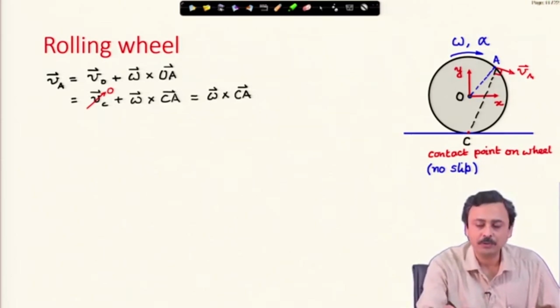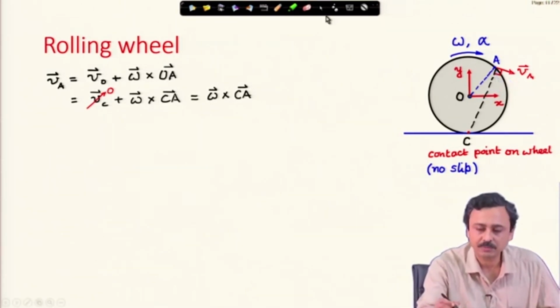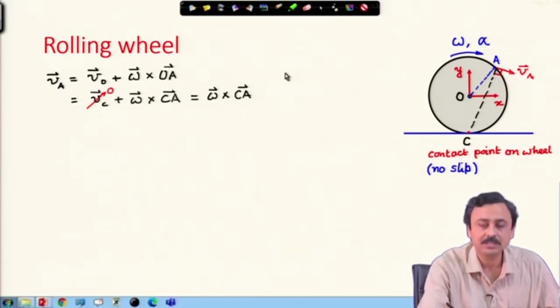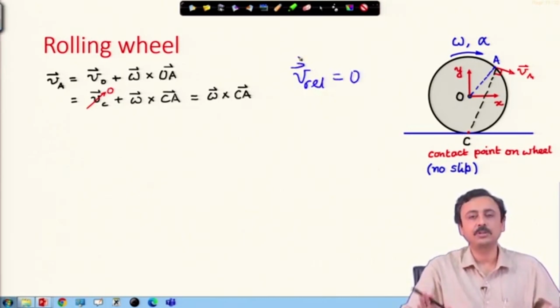Now, you should note V rel in all these relations is 0. I am not writing it anymore, because these are all points on the same rigid body. I have not written it, but you can understand. So, V rel is 0 in all these expressions.